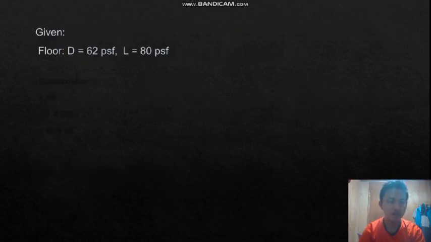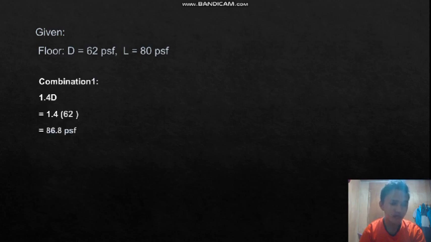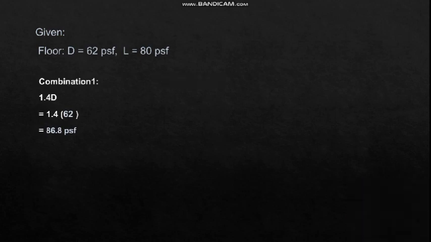Next, for the given floor, D is equal to 62 PSF and live load is equal to 80 PSF. Combination 1, 1.4 multiplied by D, which is 62 PSF, is equal to 86.8 PSF.